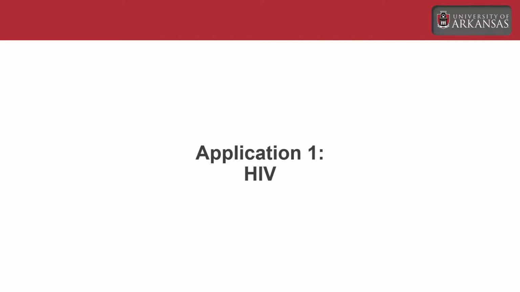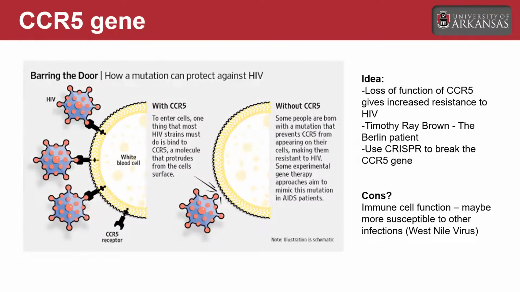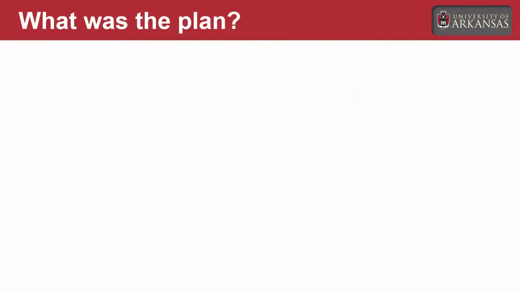All right, so application 1 is HIV. We'll go back to HIV again because this is the same idea, but now we can do it in people who can sign a patient consent. The same idea: loss of function of CCR5 gives you resistance to HIV. So the plan is, what if we combine the idea of embryo editing and the Timothy Ray Brown example into one medicine?